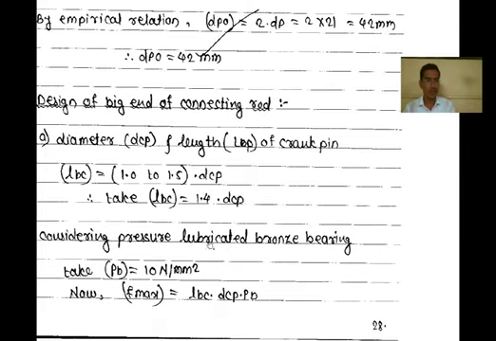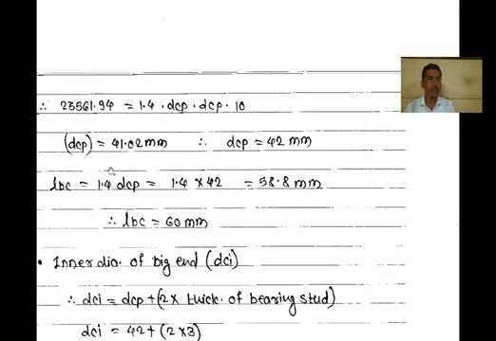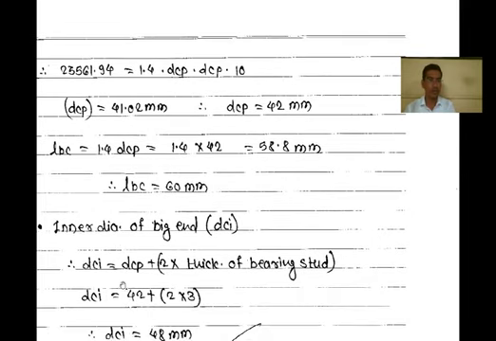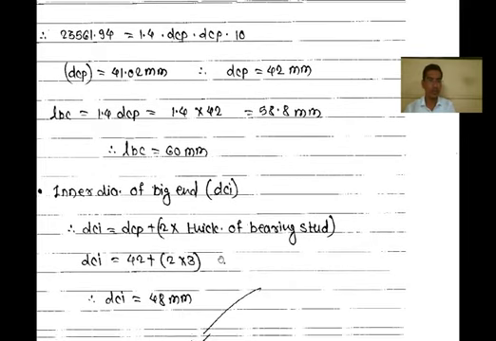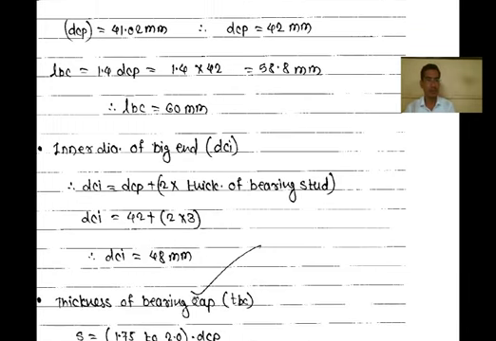Now, considering the pressure lubricated bronze bearing, PB is equal to 10 Newton per mm square. Now F max is equal to LBC into DCP into PB. Therefore, DCP is equal to 42 mm and LBC is equal to 60 mm. Inner diameter of the big end DCI is equal to 42 mm.